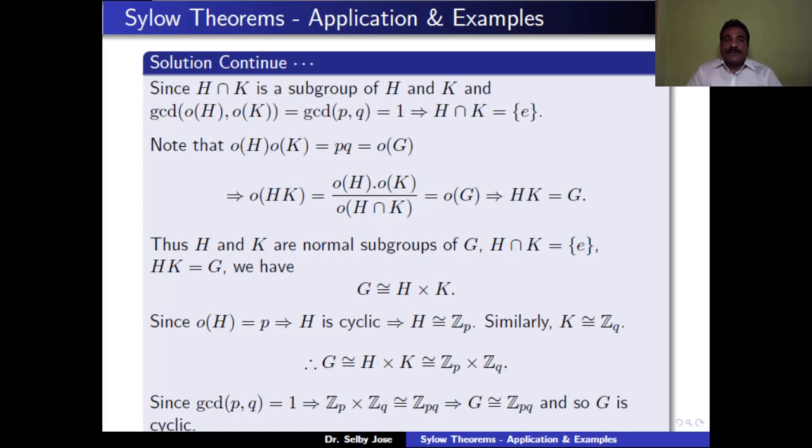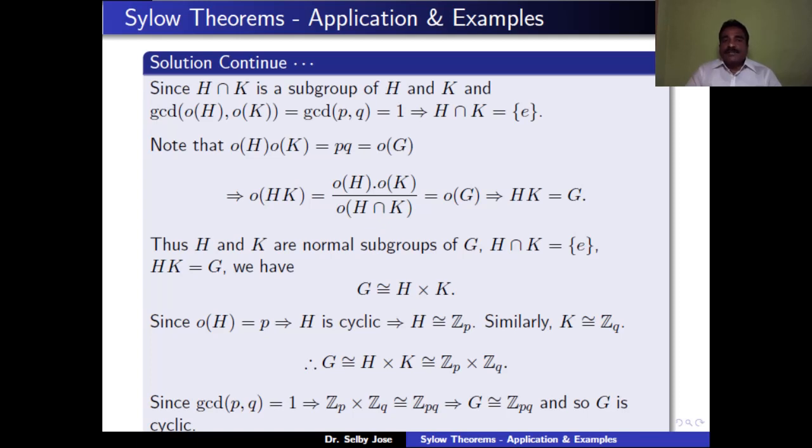Also, order of H times order of K is equal to P times Q, which is equal to the order of G. Therefore, order of HK is equal to order of H times order of K upon order of H intersection K, which is the same as the order of G. This implies HK is equal to G, because HK is a subset of G and the number of elements in HK and in G are the same.